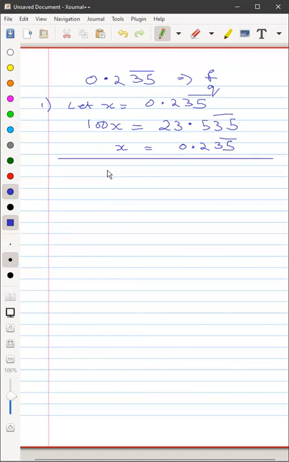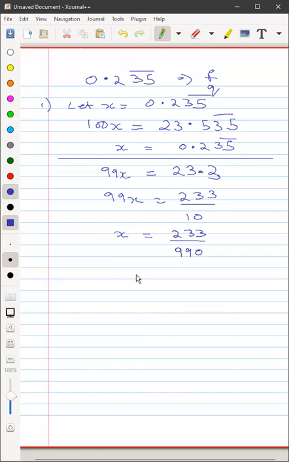I'll subtract once again. 99x is equal to 23.3, so 99x is equal to 233 upon 10. So what will x be equal to? 233 by 10 into 1/99. Right? So that's the final answer.